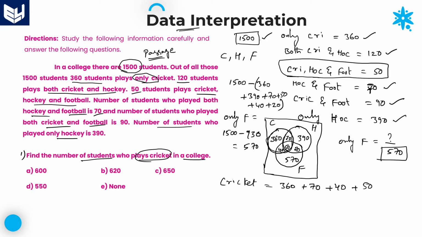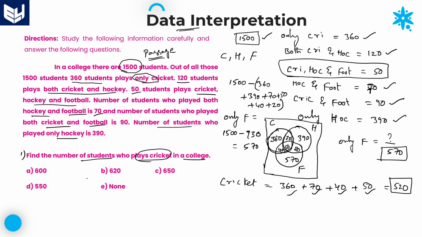Now you just add all these values. 360 plus 40, 400. 400 plus 70, 470. 470 plus 50, 520. Therefore, number of students who are playing cricket is equal to 520. That is the answer for this question.